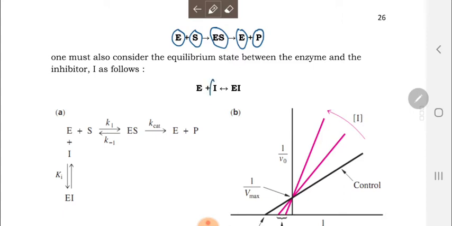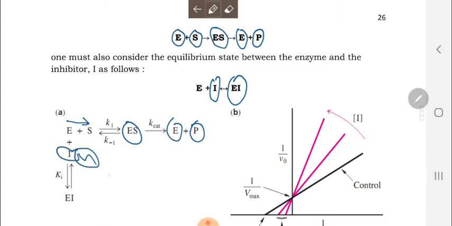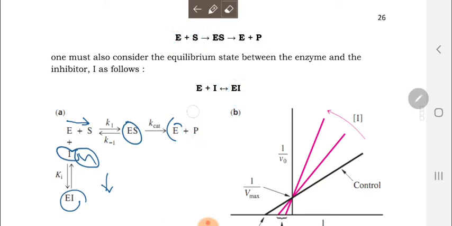If an inhibitor is added to the enzyme, it forms an enzyme inhibitor complex. That means there is no product formation. So that is the mechanism of competitive type of inhibition.